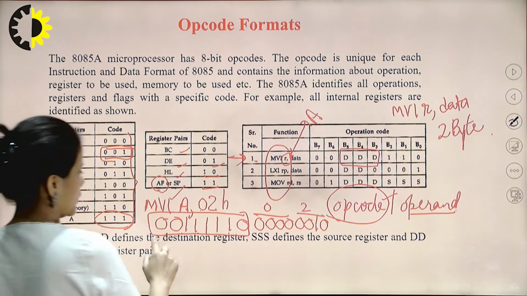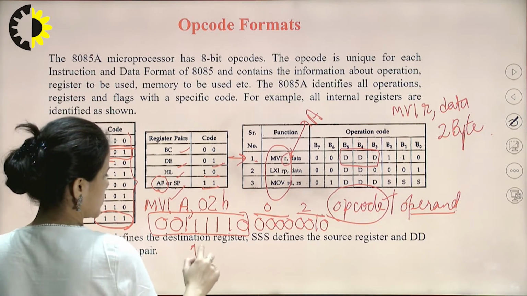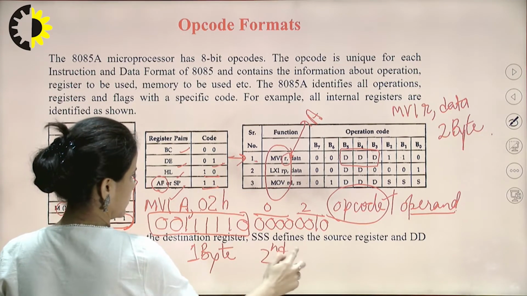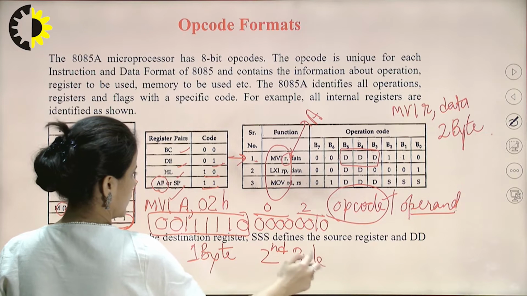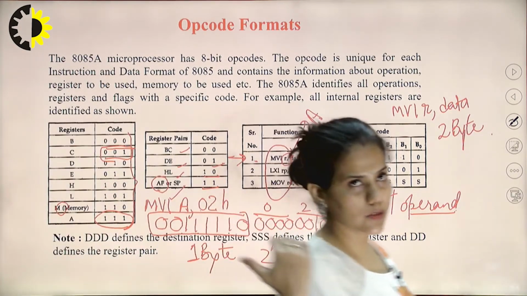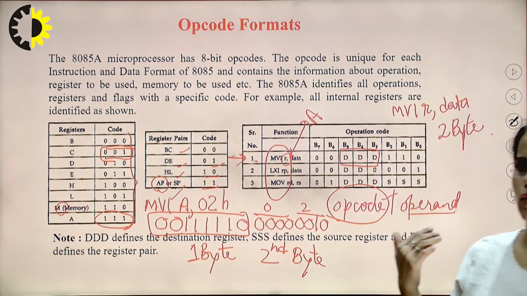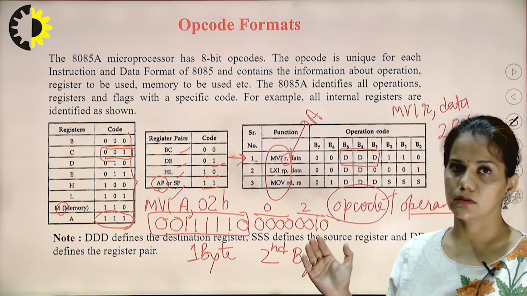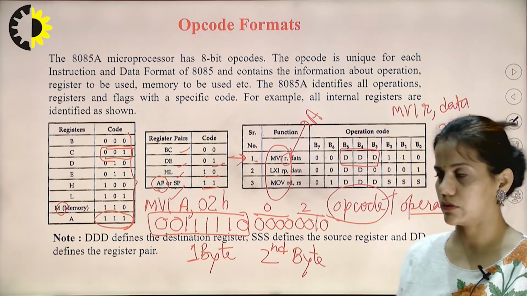So in total these are 2 bytes, this is 1 byte and this is the second byte. So in this way, if we have the knowledge of these tables mentioned here, if we have the knowledge of the opcodes, then we can easily write the format for any given instruction.